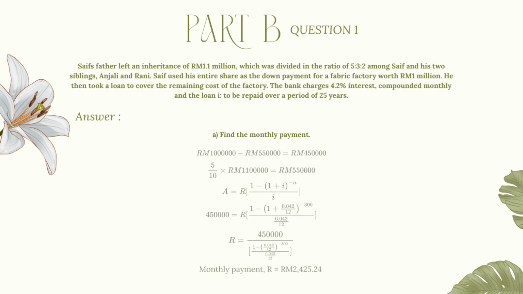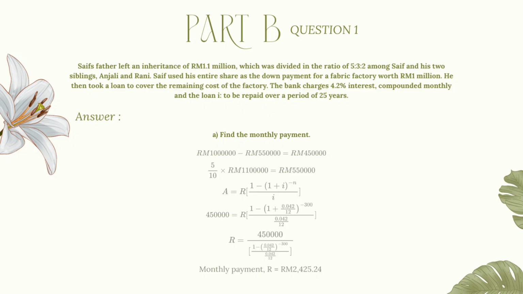A equals R, bracket 1 minus bracket 1 plus i close bracket, power of negative n, divided by i close bracket. 450,000 ringgit equals R, bracket 1 minus bracket 1 plus 0.042 divided by 12 close bracket, power of negative 300, divided by 0.042 divided by 12 close bracket.